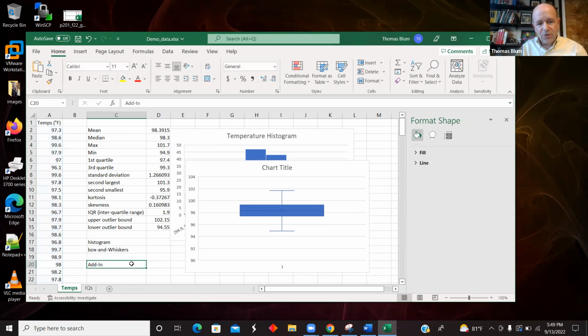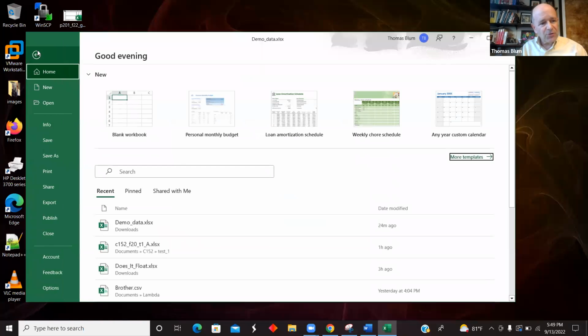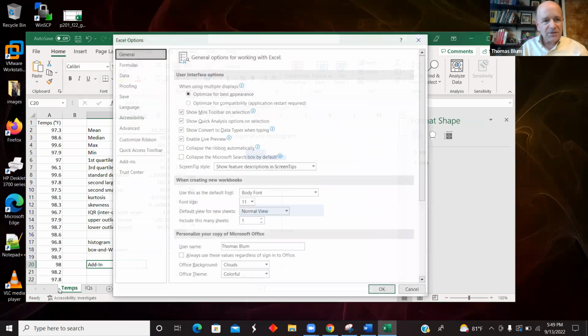And finally, I want to show a statistical add-on. I'm on a Windows machine with a local version of Excel, so I'm not up in the cloud or anything. I went to File, Options. This is different on a Mac.